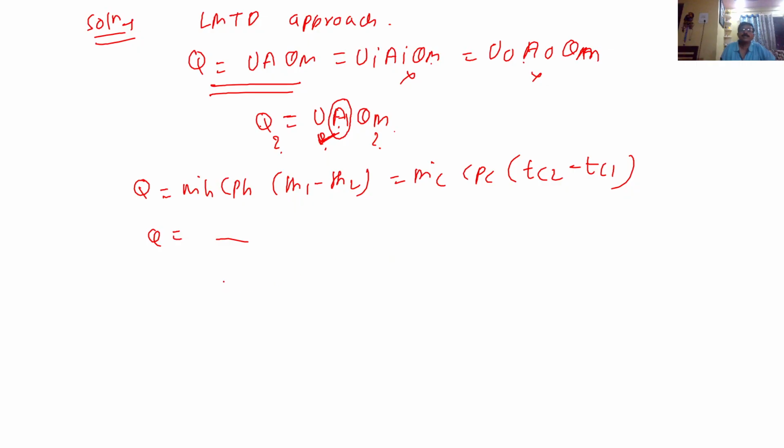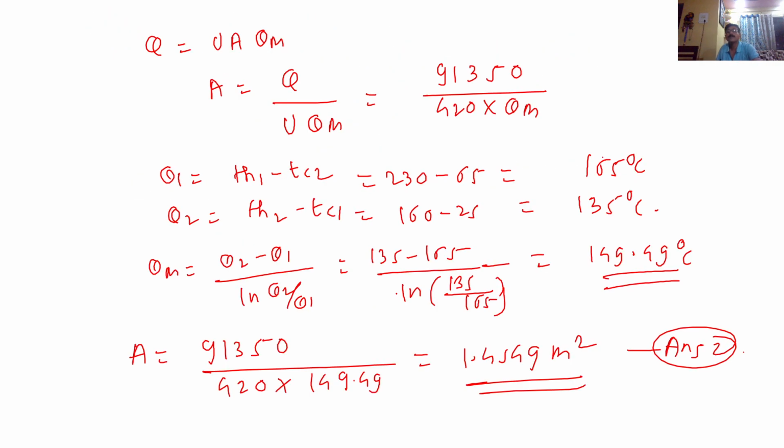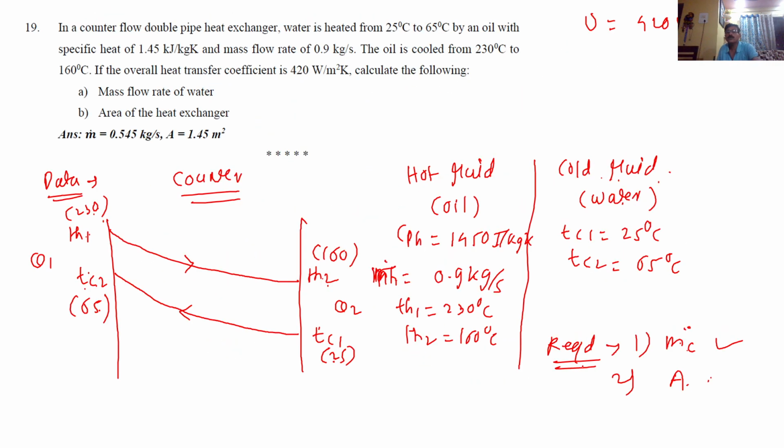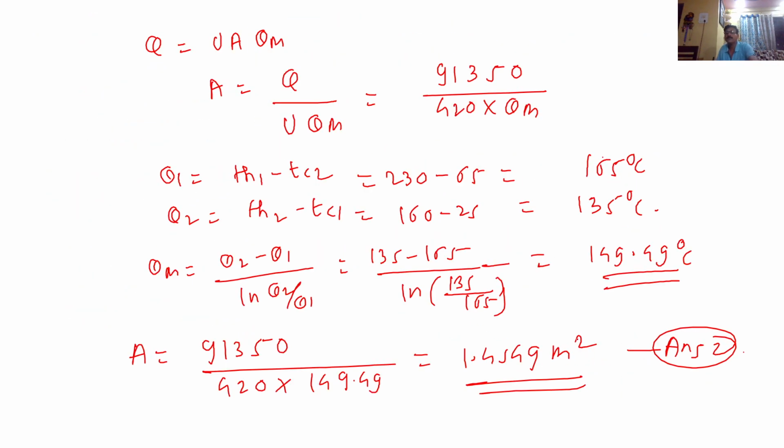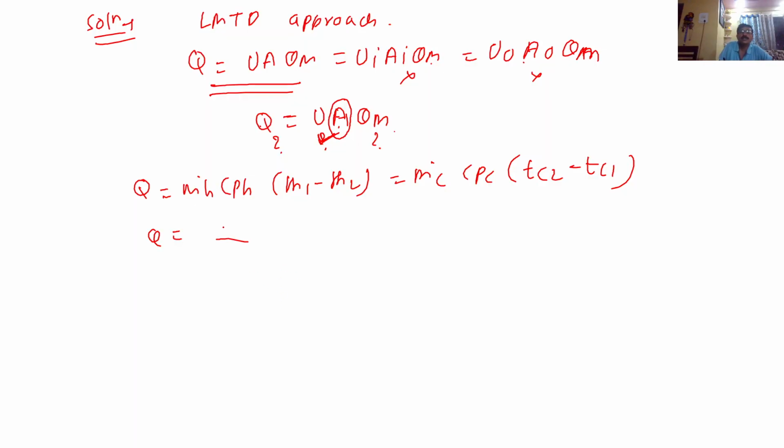Students, because of some technical difficulty, what I have written over the second slide has vanished, but you have the previous recording, and from that you can collect the values. Both the objectives, that is M dot C and area, I have fulfilled. If you want, I will write it again.